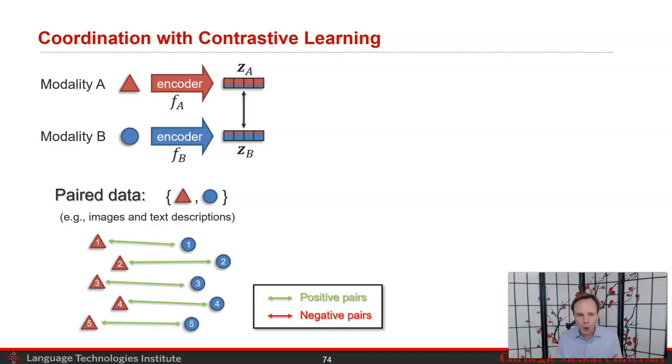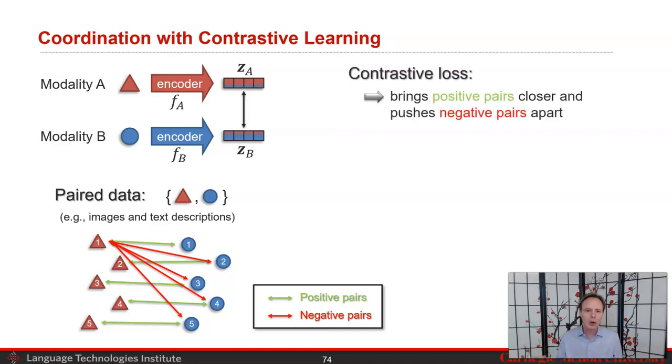And so the goal is to learn two different representations, one for image and one for text, in such a way that those two representations will bring close to each other the positive pairs, but far from each other all the other pairs that you could have in your data. So that's the goal of contrastive learning: bring closer the positive pairs and push away the negative pairs.